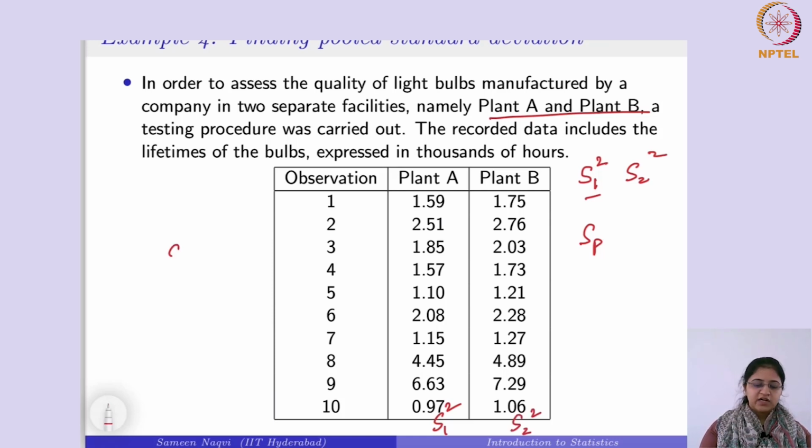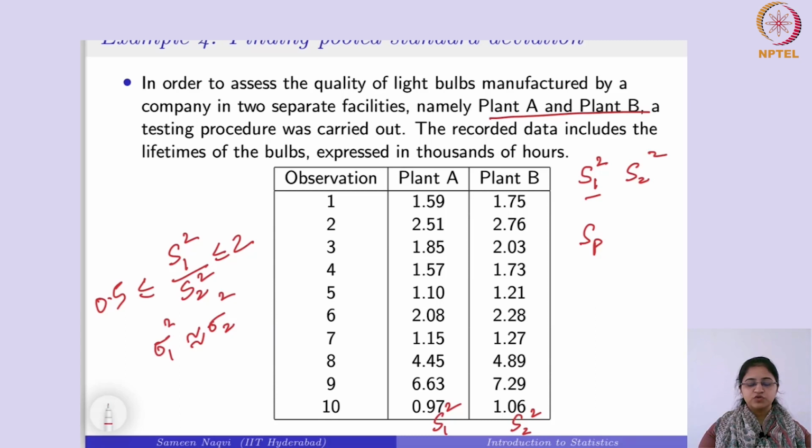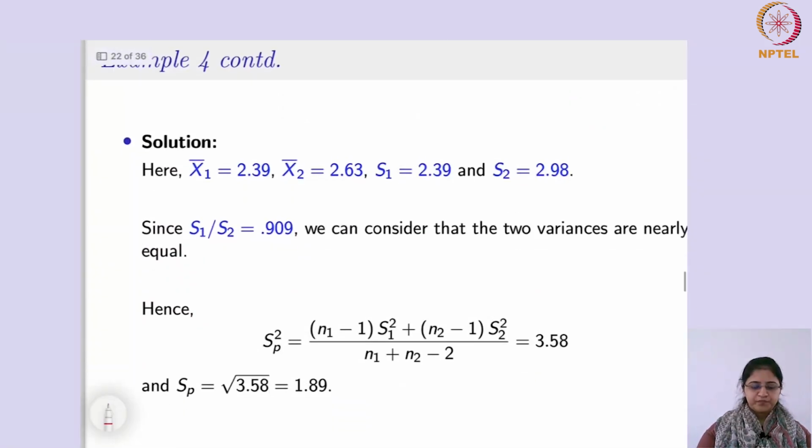Now if you find that S1 square over S2 square falls somewhere between 0.5 and 2, then you can assume that the two population variances are approximately the same, and instead of using separate S1 square and S2 square, you can just use SP square, that is the pooled sample variance. So here you can calculate the sample mean, which comes out to be 2.39, and the variance comes out to be this.